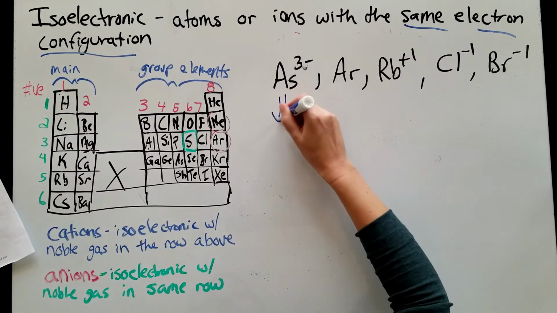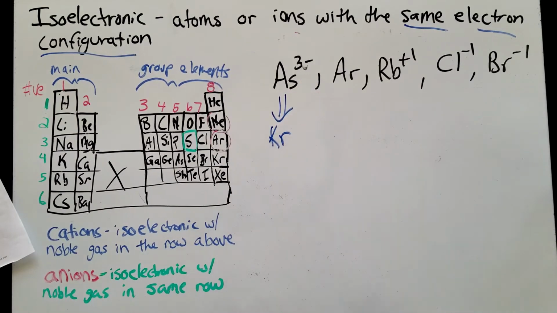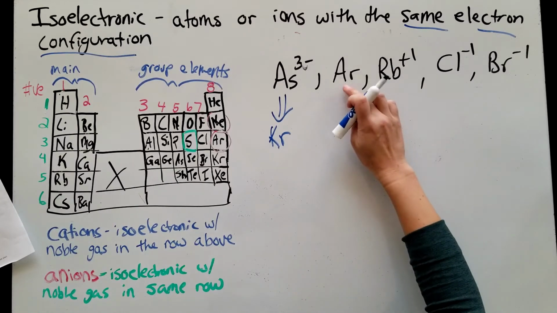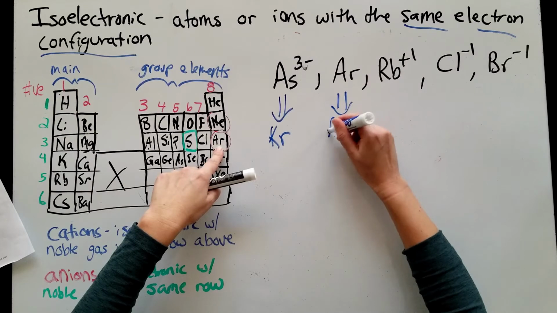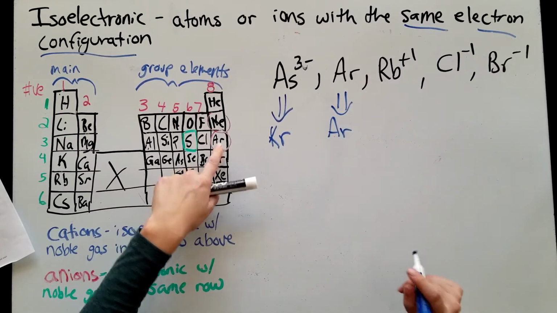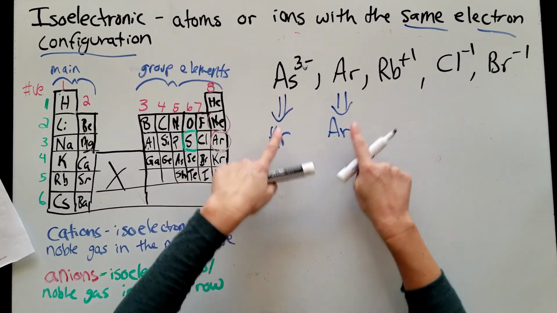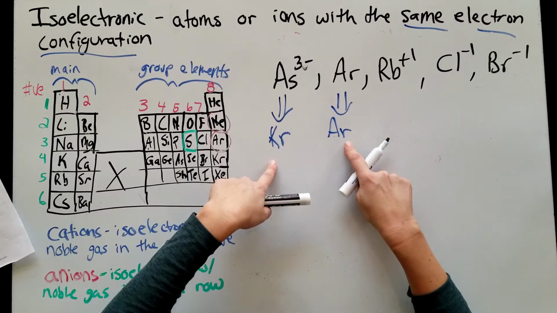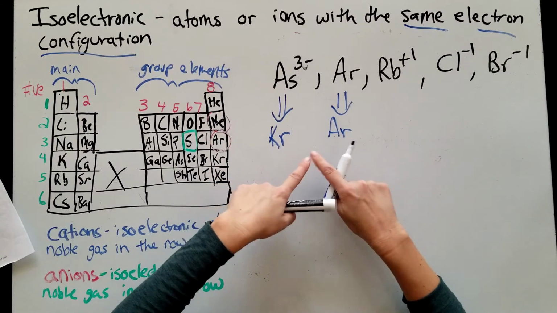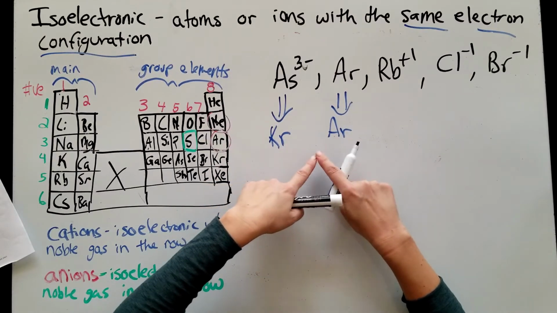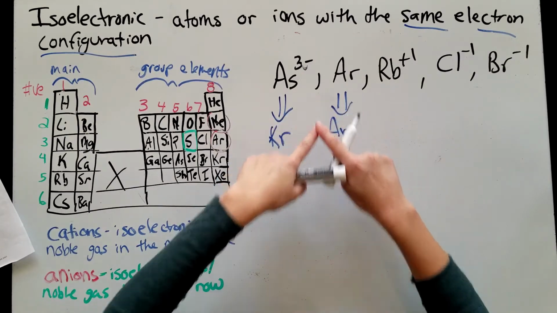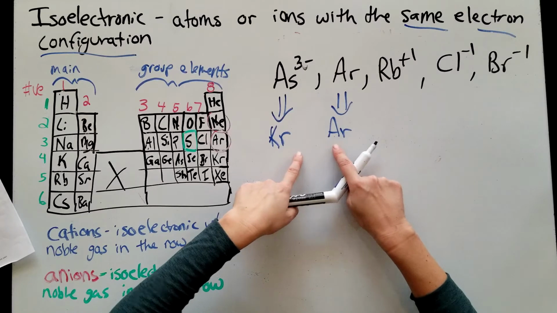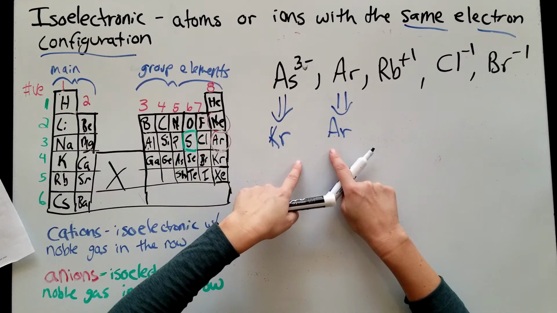So it is isoelectronic with krypton. Argon is a noble gas, so I'm just going to rewrite Ar. Looking at these two, they are not isoelectronic with each other because their noble gas is not the same. If the noble gas matches, they're isoelectronic with each other. If the noble gas doesn't match, they're not.